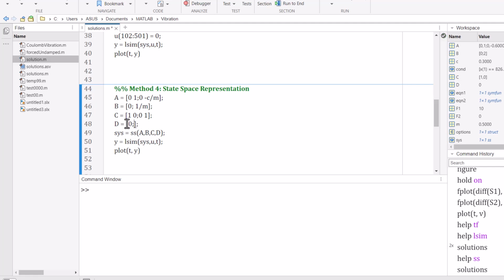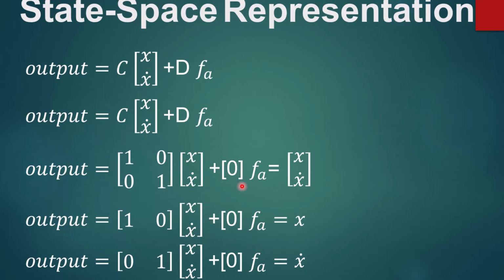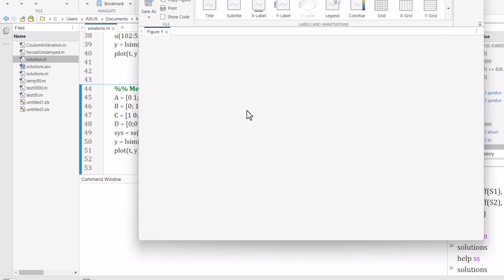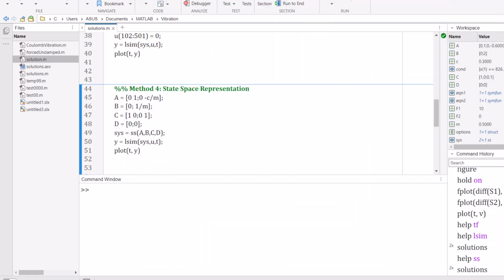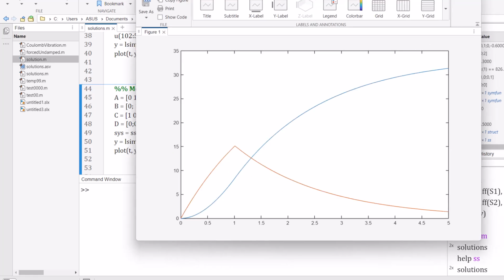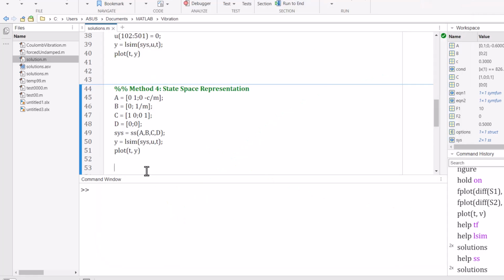So I go for this line, and just remember that D has to be multiplied by 2 elements, 0 and 0, as I did it here. I run it, and let me only run this method 4. Here is the response of the system using state space representation. And that concludes method 4.